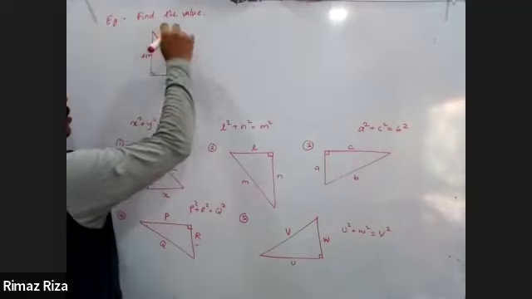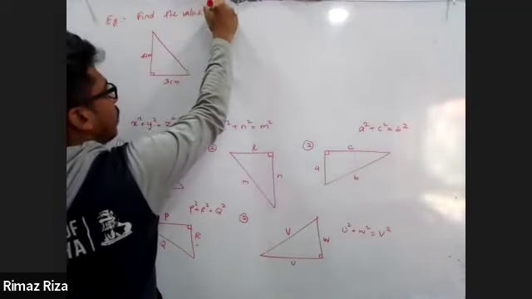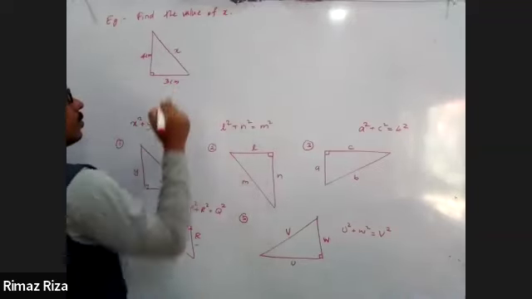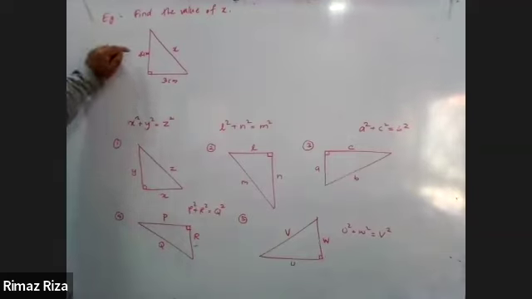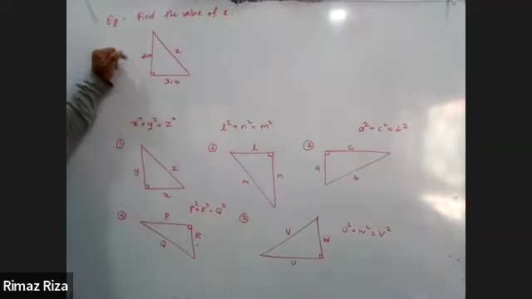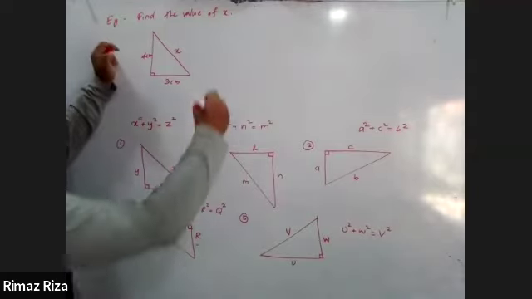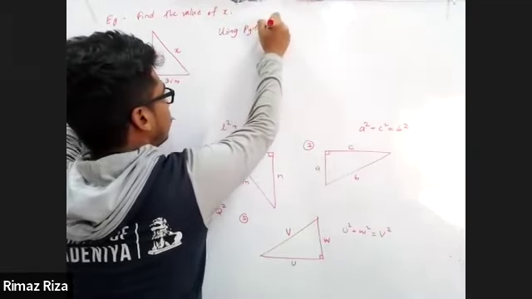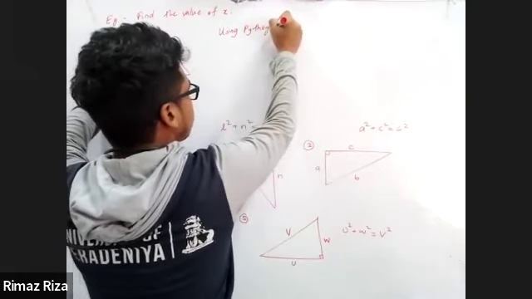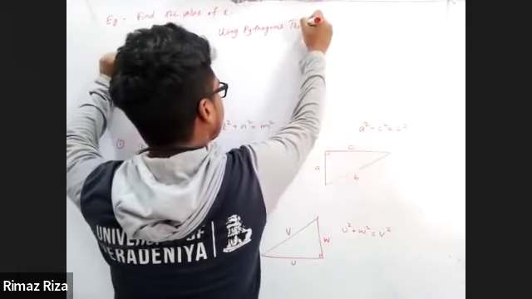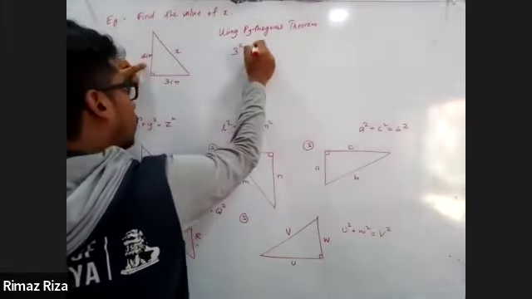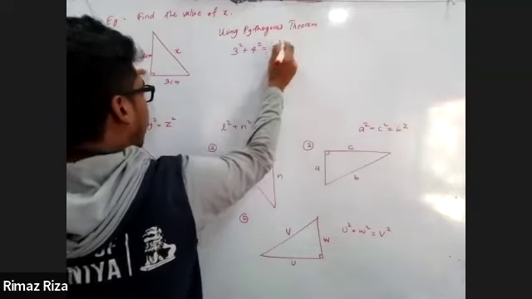This is 4 centimeters. Find the value of x. So here x. What is this triangle? Right angle triangle. So what can we use? Pythagoras theorem. Using Pythagoras theorem, we have 3 squared plus 4 squared is equal to x squared.